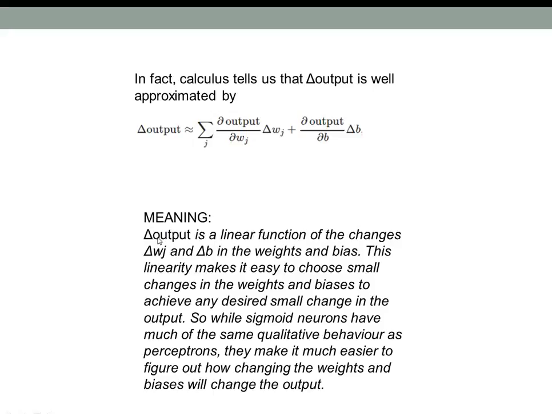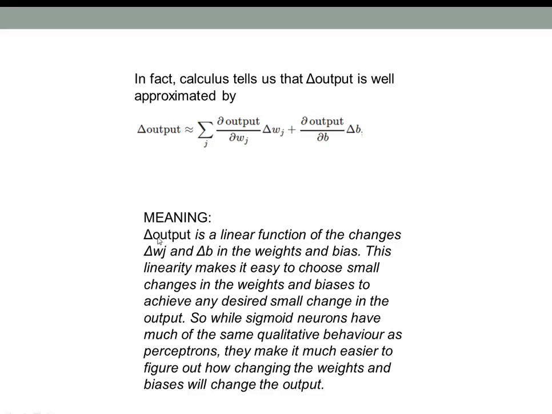If this goes from here to here, the change goes only from here to here. It doesn't jump up somehow. That's not what linear means, but that's a consequence of linear. This linearity makes it easy to choose small changes in the weights and biases to achieve any desired small change in the output.